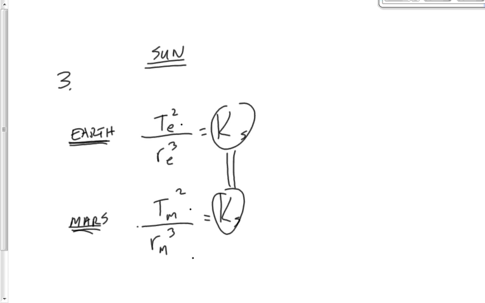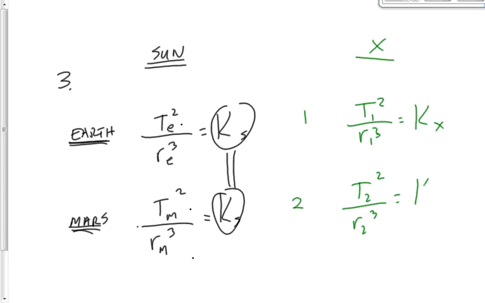Now, let's say we're talking about some other star that we're going to call star X. If you've got planet 1 revolving around star X, then we could find that constant by saying T1 squared over R1 cubed equals K. But it wouldn't be K for the sun, it would be K for X. Same deal for planet 2 around star X: T2 squared over R2 cubed equals KX.